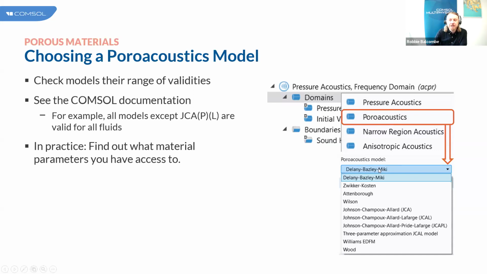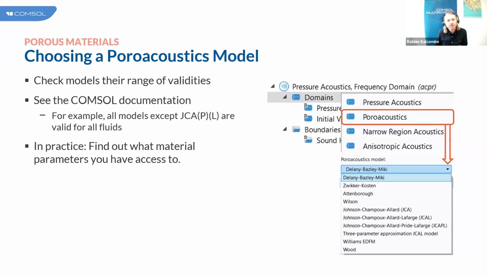The Delaney-Bazley-Miki poroacoustic model is probably the most commonly used, and that's because it only requires a single parameter in terms of defining it, and that's the flow resistivity, which can be easily obtained from material data sheets or from material suppliers.